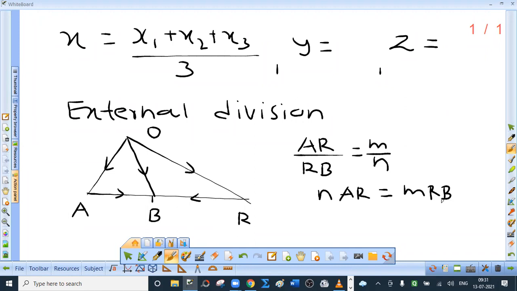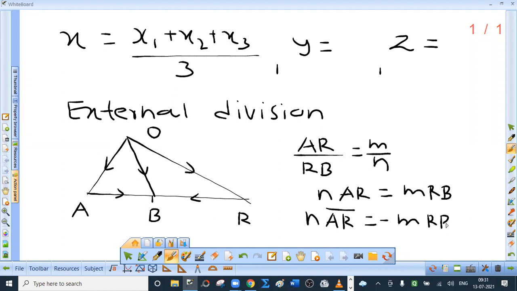See, m and n are positive, but we know that AR bar and RB bar are in opposite directions. So if I want to use vectors, I should say n AR bar is minus m RB bar.